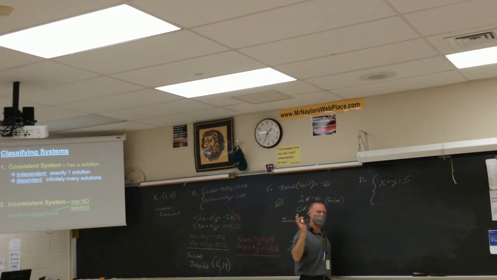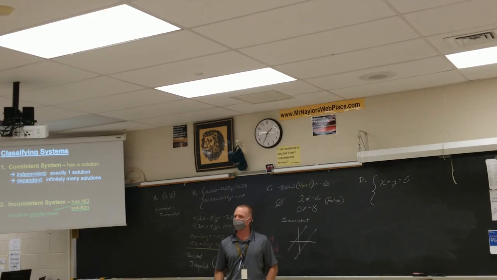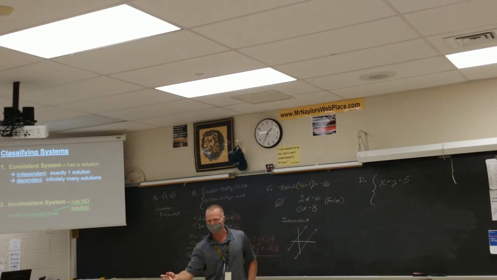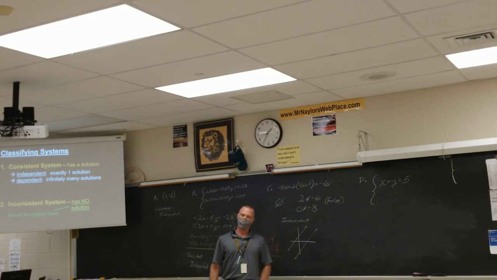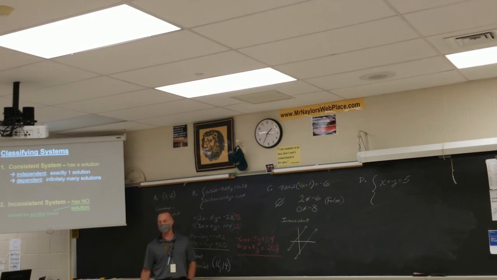I'm just making up a line, no big deal, x plus y equals 5. What would be another line or another equation that would intersect that at every point? It's weird, but the answer is the same line.